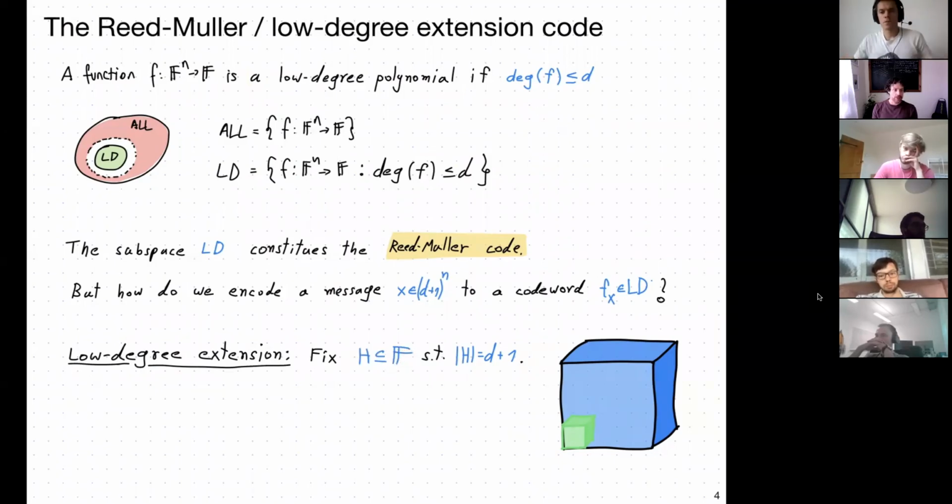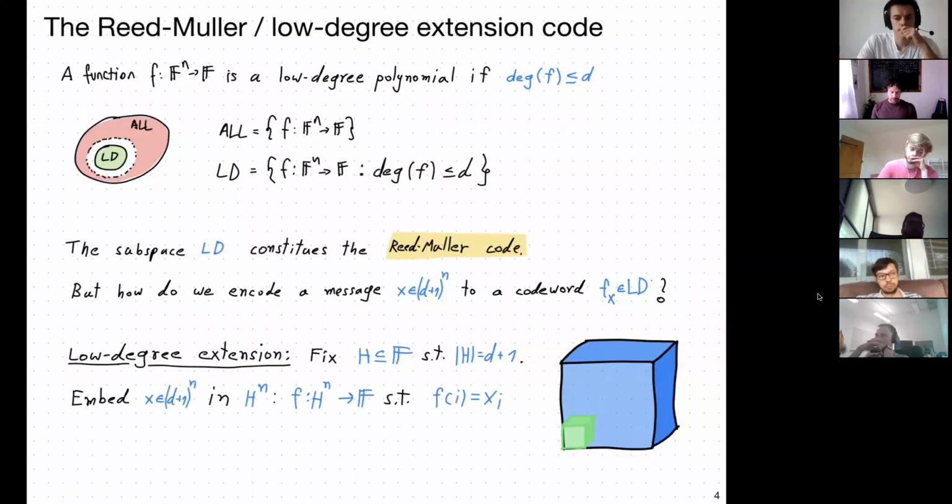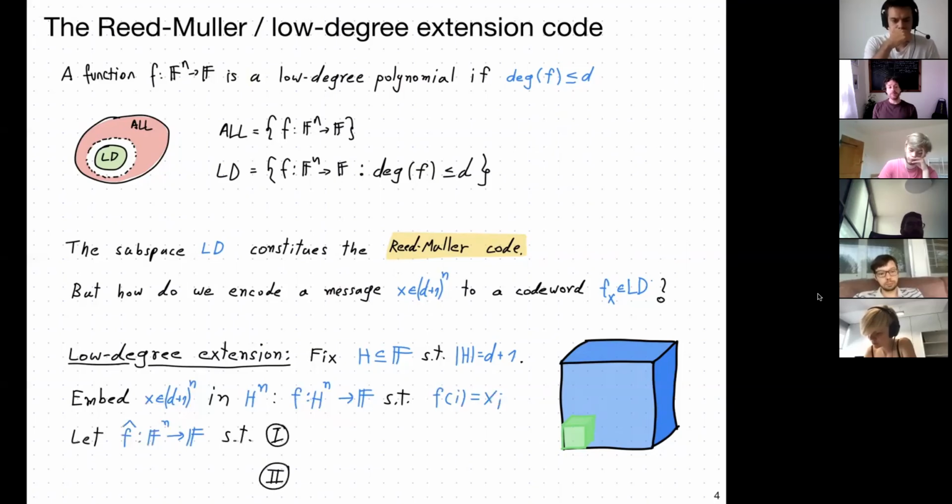Exactly what we're doing is we take this, we embed it in some arbitrary order in H to the n, and we look at this function f from H to F that takes these values, and then we consider a low degree polynomial.